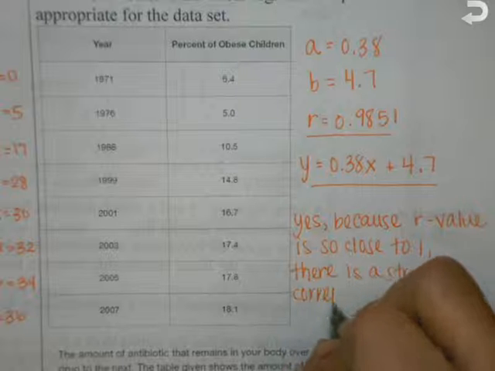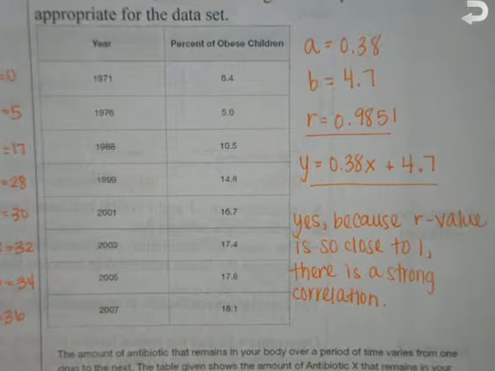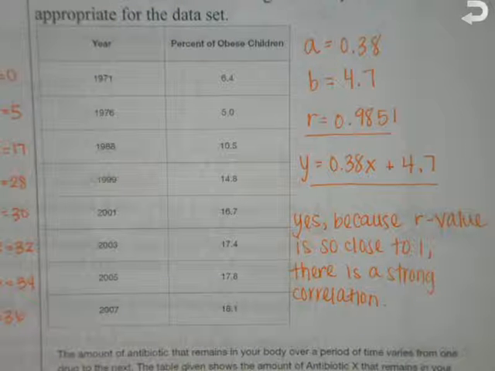Okay, something like that. So the closer that your R value is to +1 or -1, the stronger your correlation, so the more appropriate that line of best fit is.